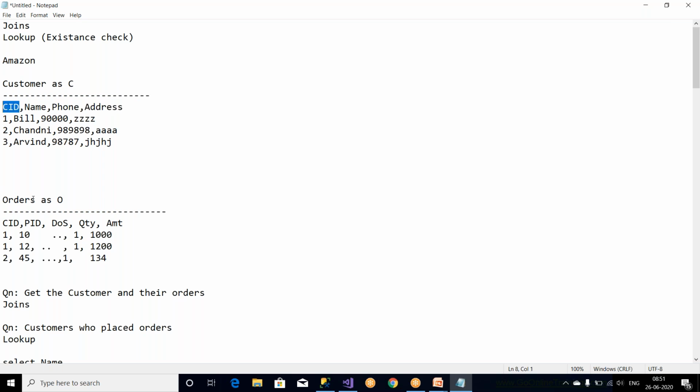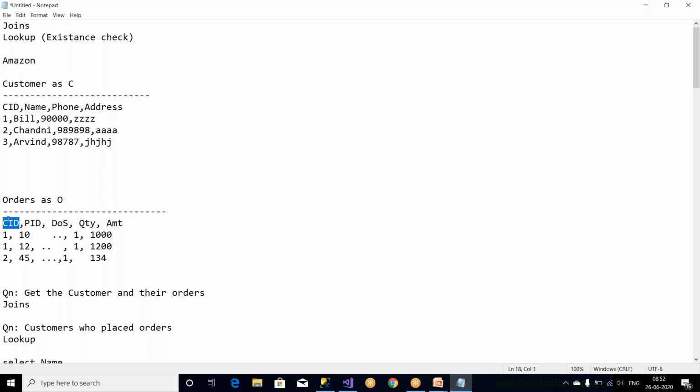So if you want to join, compulsorily you need to have an index on this column. If you don't have indexes on this column and you use joins, joins will become a very, very, very slow operation. So people will tell you, whenever you join tables, whatever joining predicate you're using, you must have an index on that column.